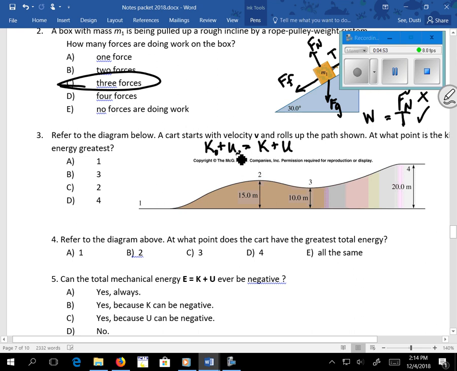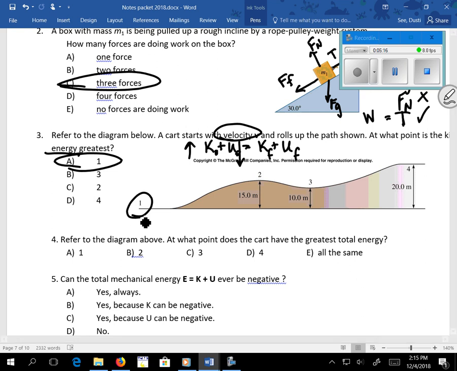That's our law of conservation of energy. These are originals, these are finals. So we want the kinetic energy to be the most and the potential energy to be the least, because kinetic energy has velocity in it. That would be at 1, because it has the lowest potential. All the rest of them have some sort of potential energy.